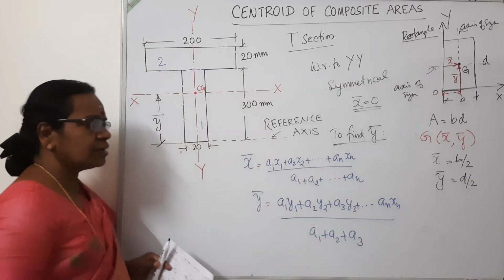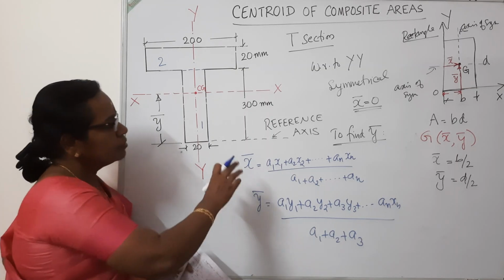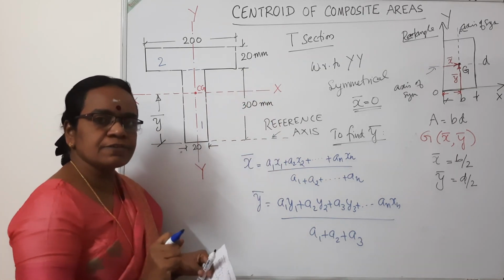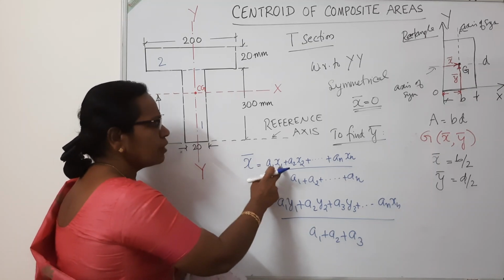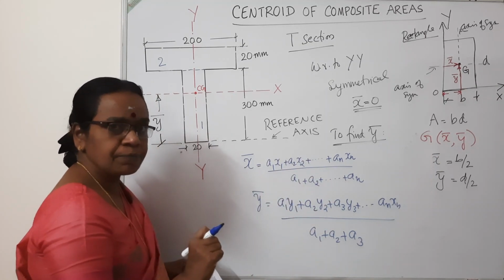So to find the center of gravity, the method is to split the area into a number of figures, a composite figure, and find the area of each figure. I will explain what x1, x2, x3, etc. are.